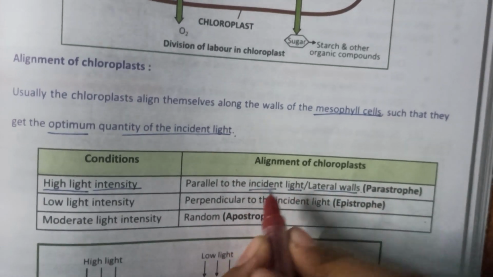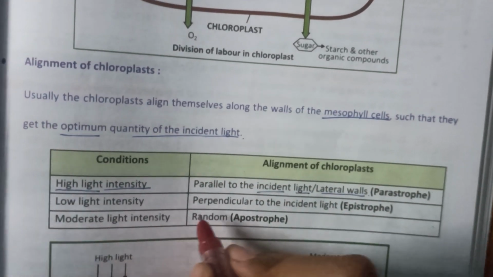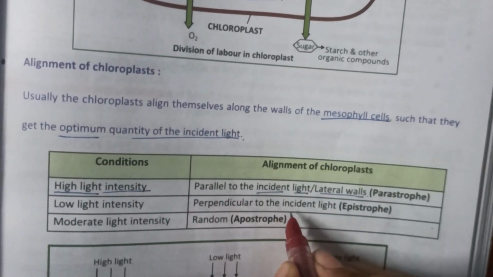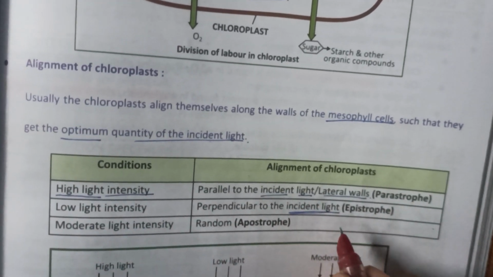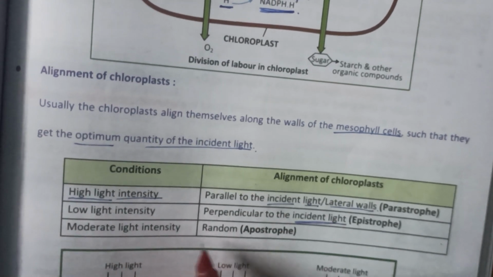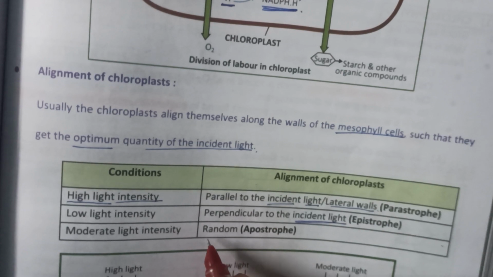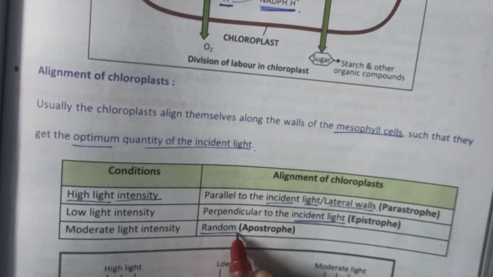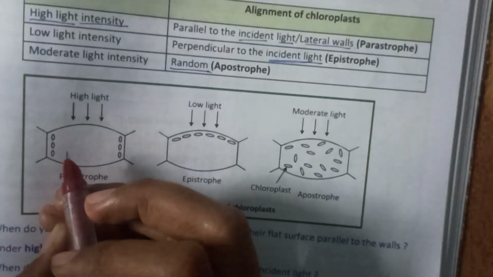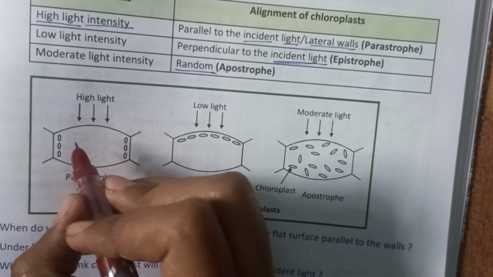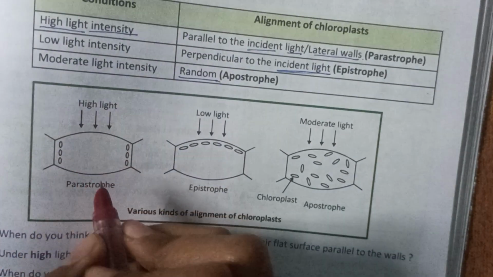In low light intensity, that is during the evening and early morning, they are perpendicular to the incident light. In moderate light intensity, around 9 or 10 a.m., they are random. So this is a pictorial representation of the various alignments of chloroplast.